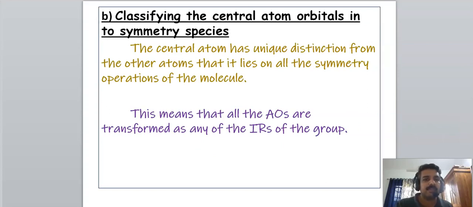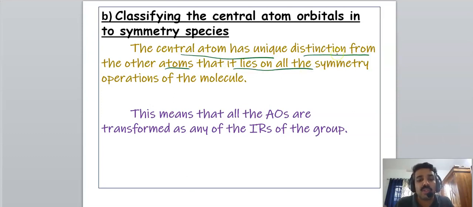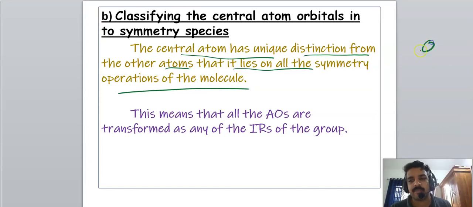Now we want to find out what are the symmetry species of the orbitals of the central oxygen atom. The central atom has a unique distinction from other atoms, that it lies on all the symmetry operations of the molecule. Like in the case of the water molecule, oxygen is the central atom and all symmetry elements pass through this oxygen.